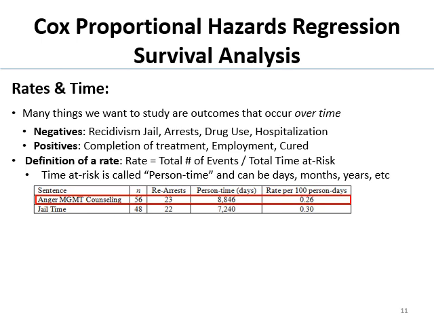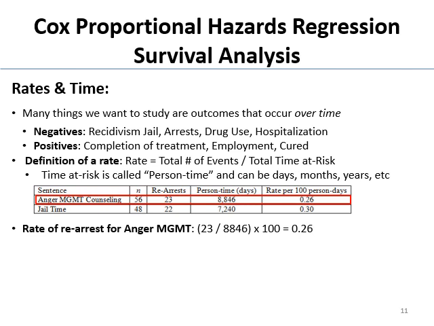They were at risk for rearrest while we were watching them. Those total 56 people provided 8,846 days of follow-up time. So 56 people were followed up for a total of 8,846 days, right? And so the rate is the number of rearrests divided by the total person time, but here it's per 100 days.